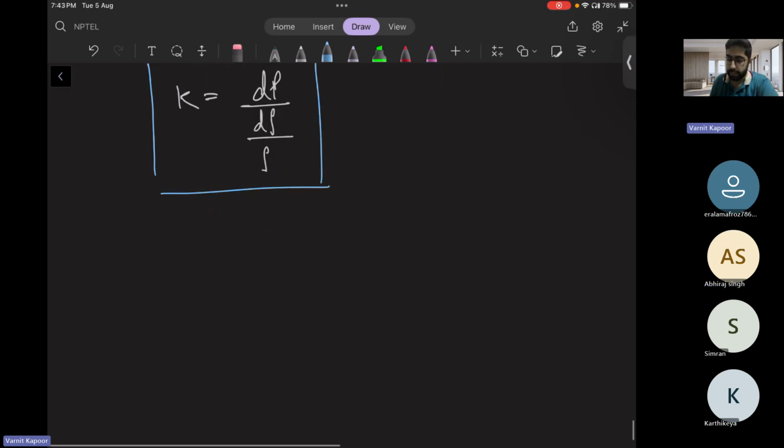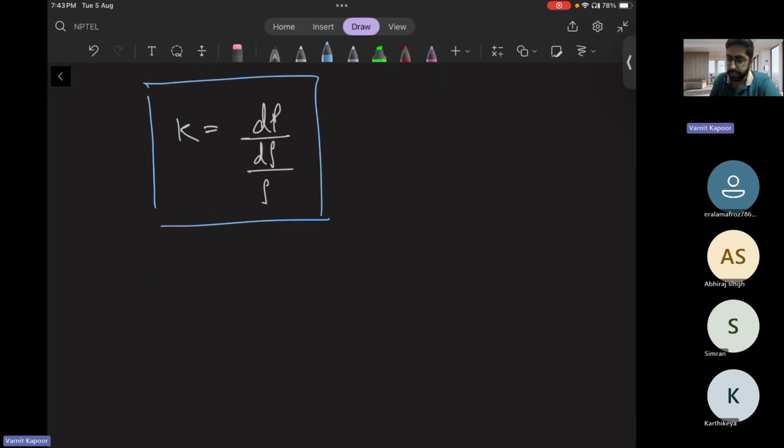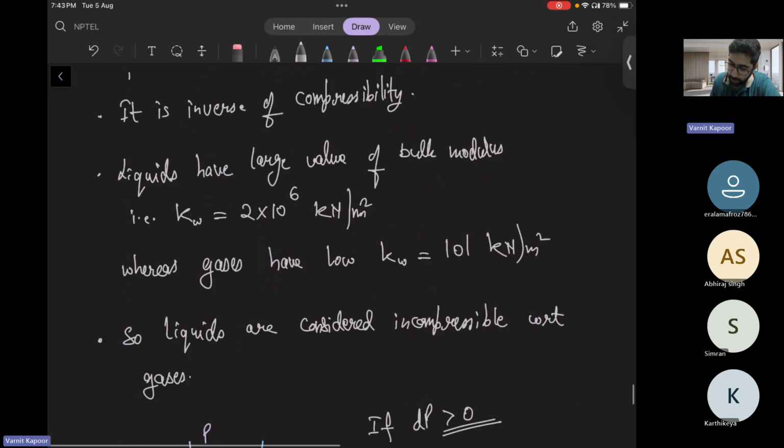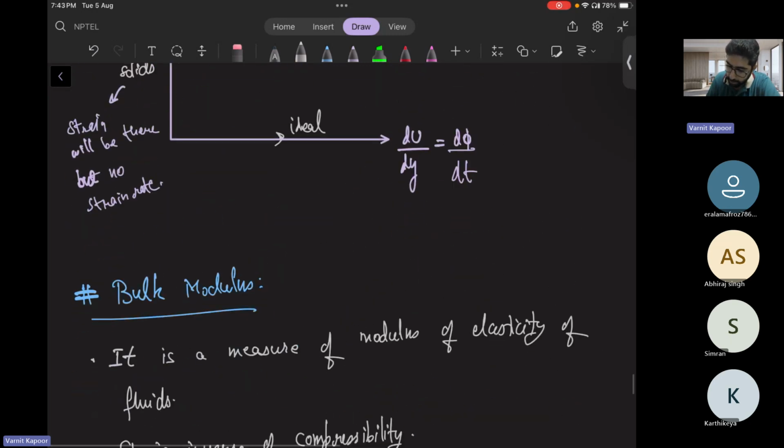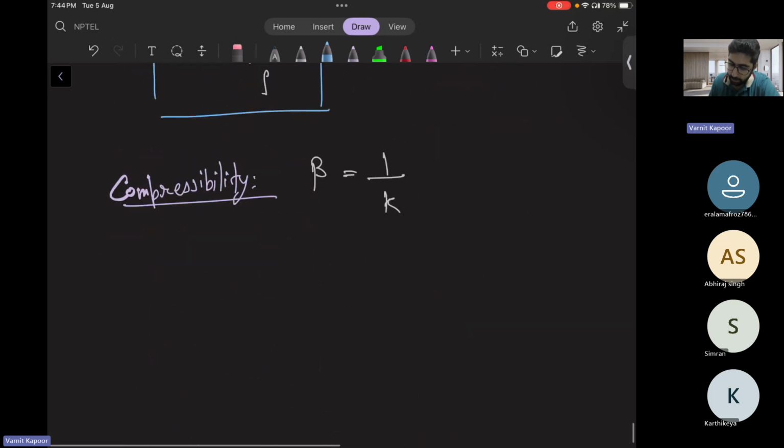So this is your bulk modulus, and compressibility is the inverse of bulk modulus. The symbol of bulk modulus is K, and compressibility has the symbol beta.